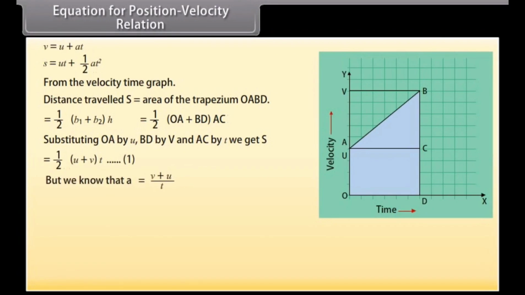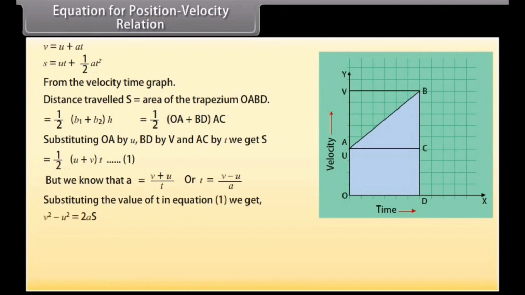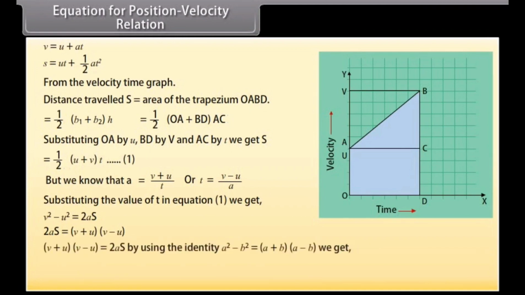But we know that a = (v − u)/t, or t = (v − u)/a. Substituting the value of t in equation 1, we get 2as = (v + u)(v − u).